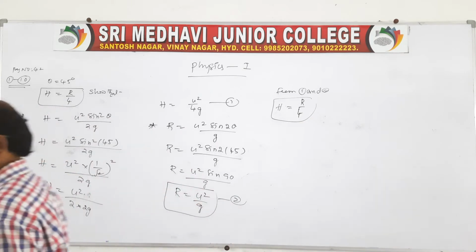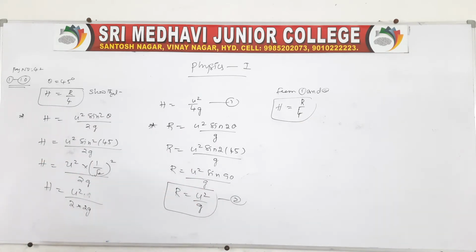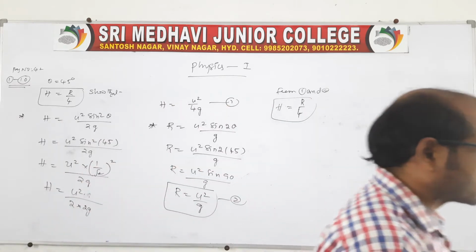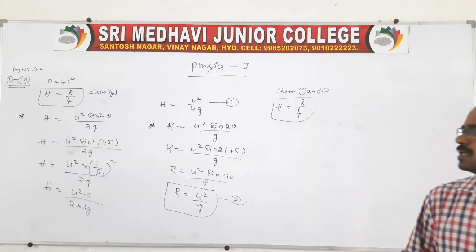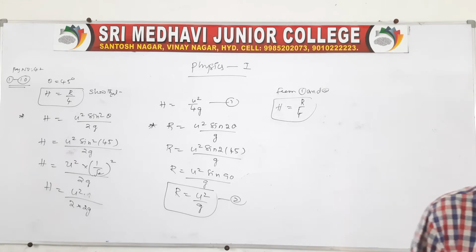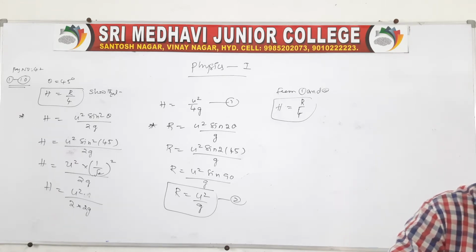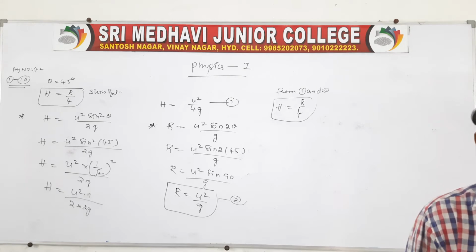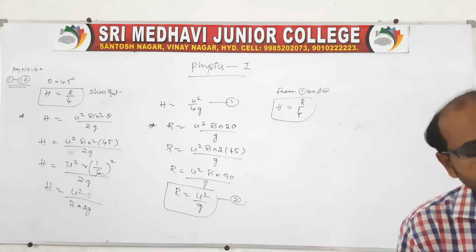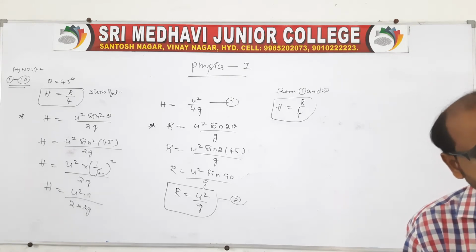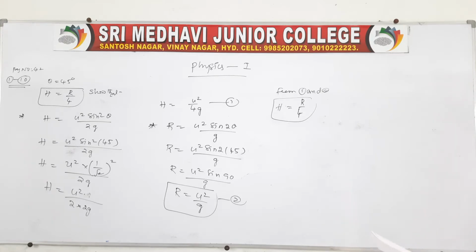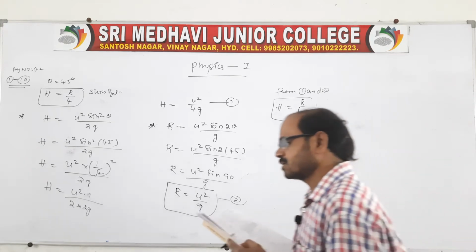So like this, the question is related to the maximum height and the range of a projectile. It is on page number 42, question number 10. Clear? If you go through this, it will help you in the examination, right? Like that, another question is given.